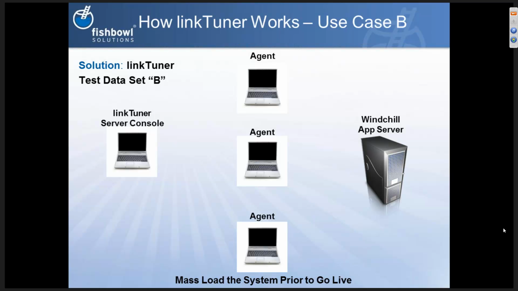I mean, they hammer the system. It would be like 200 CAD users easily. Let's just hammer the system and see what happens and report back. And then we can do that against our 9.1 production, and against our 10.1 virtual, and give us the benchmark. So you can mass load the system prior to go live, as well as measuring that against your current production.